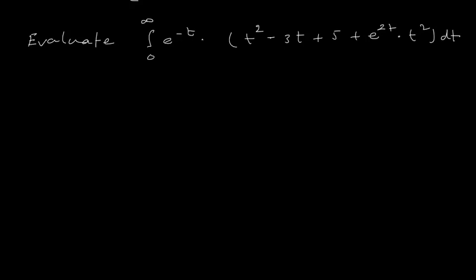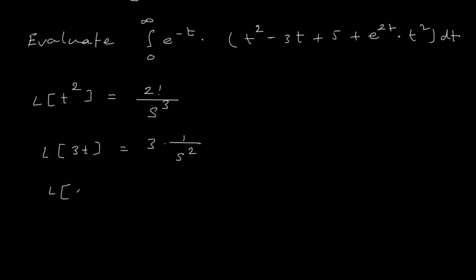So let us see one by one. First we will see Laplace of t square. What is Laplace of t square? Laplace of t power n is gamma n plus 1 or n factorial upon s power n plus 1, so that is 2 factorial upon s power 3. Laplace of 3t is 3 into 1 factorial, that is 3 upon s square.